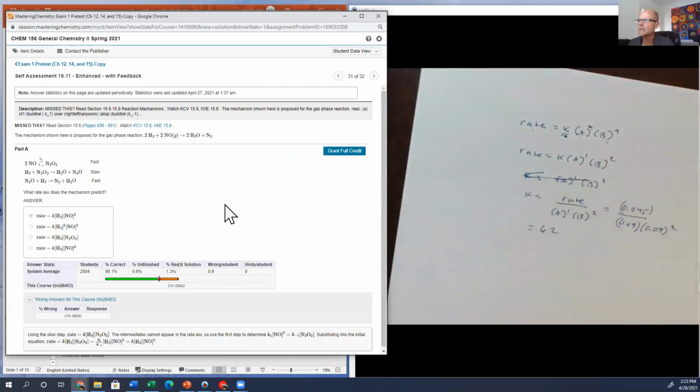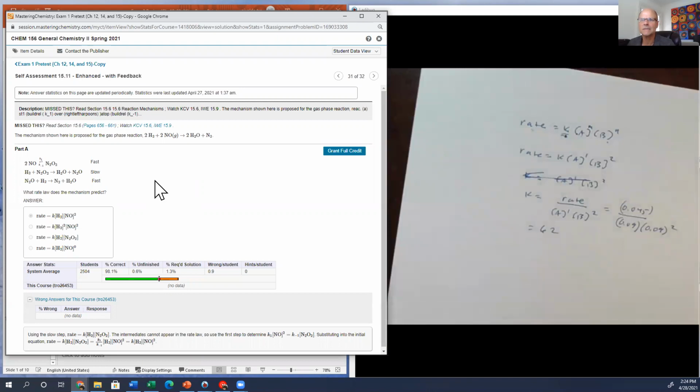All right, so this is a mechanism problem, right? So what you want to do here is remember that the order is always determined by the slow step, right? But if there's any intermediates in the slow step, you got to get rid of those intermediates, right?